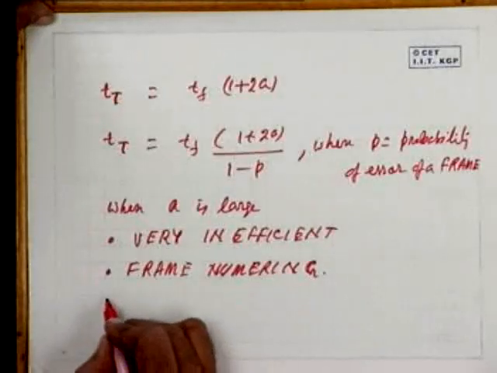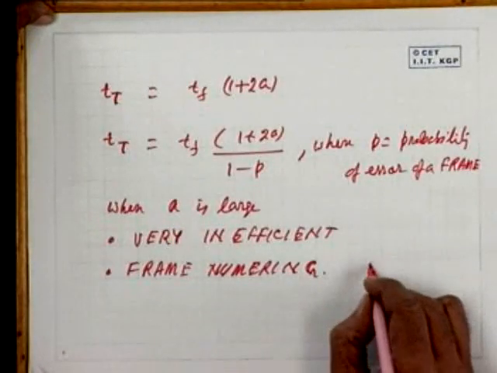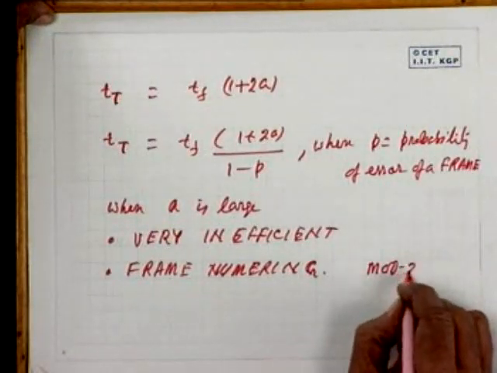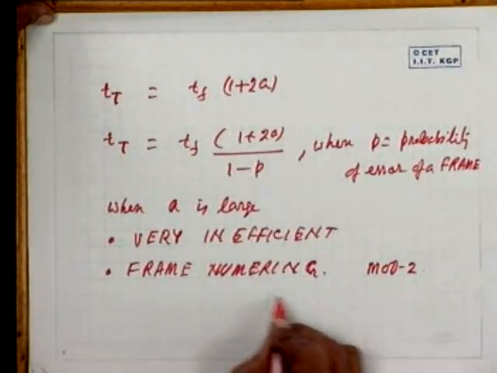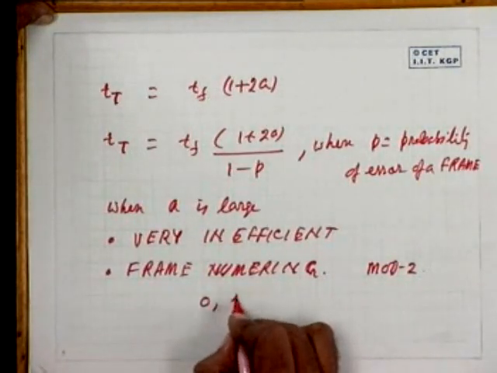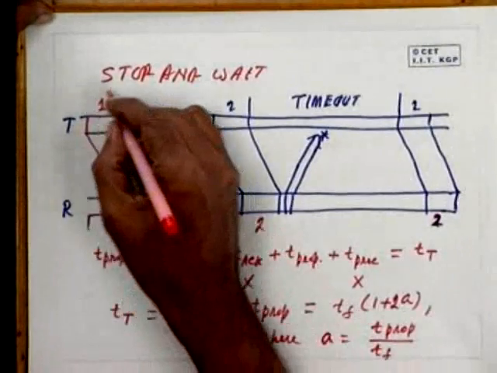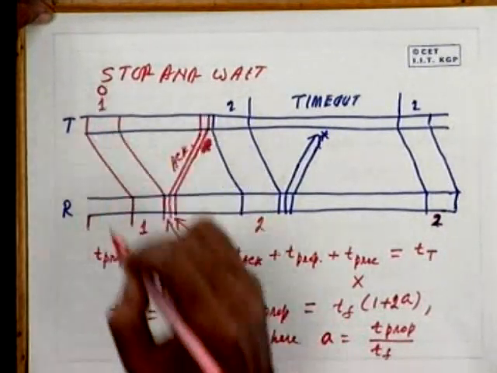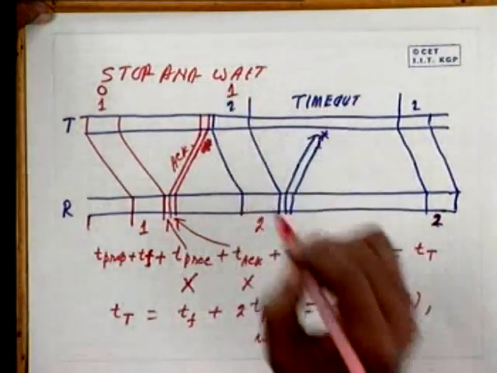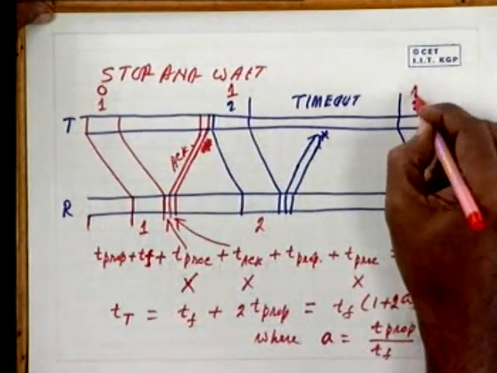It has been found that in this particular case, it can be done by using mod 2. So the numbering will be only 0 and 1, and that means this frame will be numbered as 0, this will be numbered as 1, and this is frame 1.